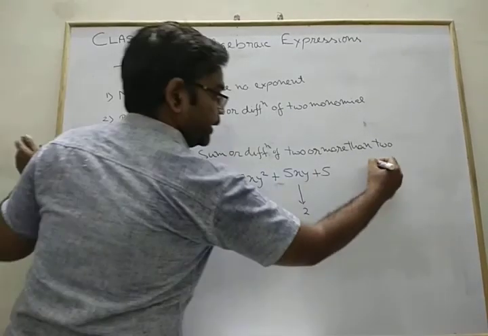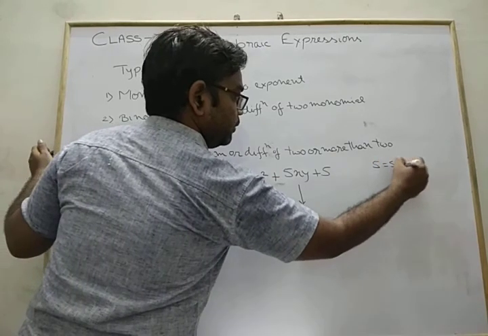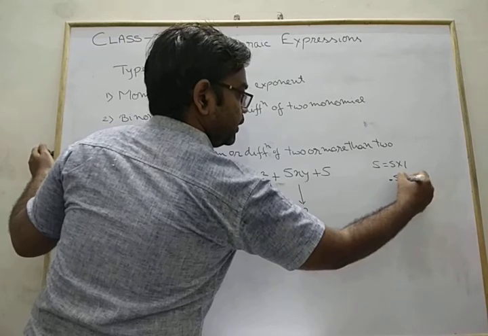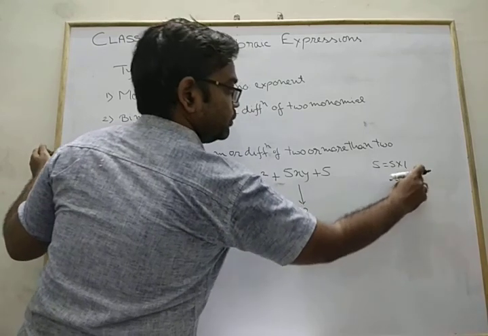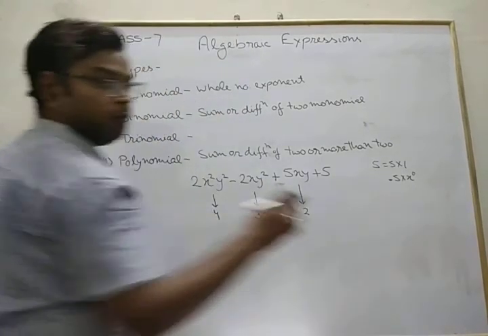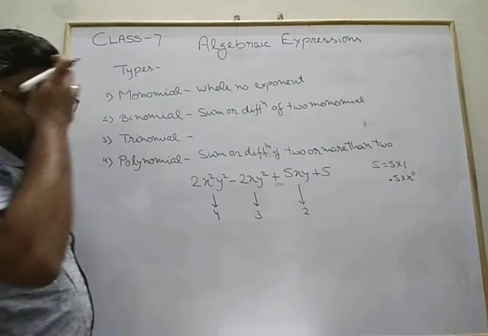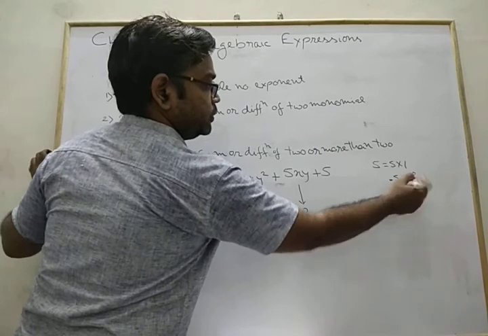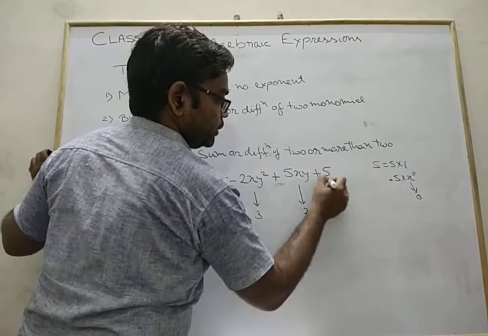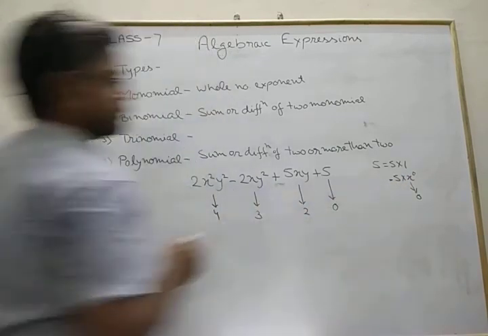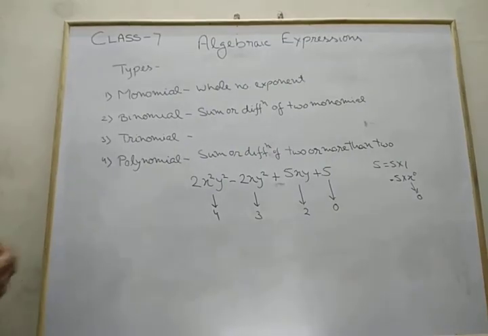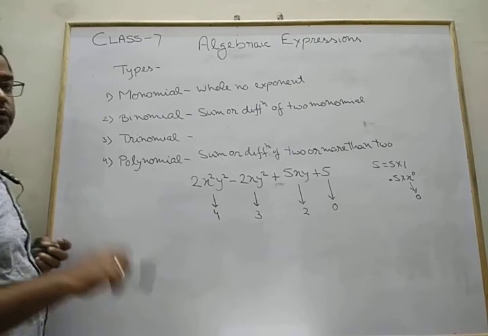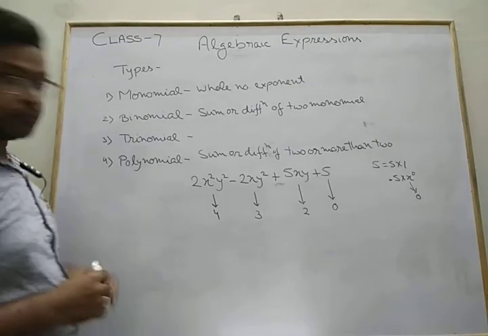Because we can express 5 as 5 into x to the power 0, and something to the power 0 always has the value 1, as discussed in your chapter on exponents. So its degree is 0. So what is the degree of this complete expression? The complete polynomial's degree is 4, because we take the highest degree.